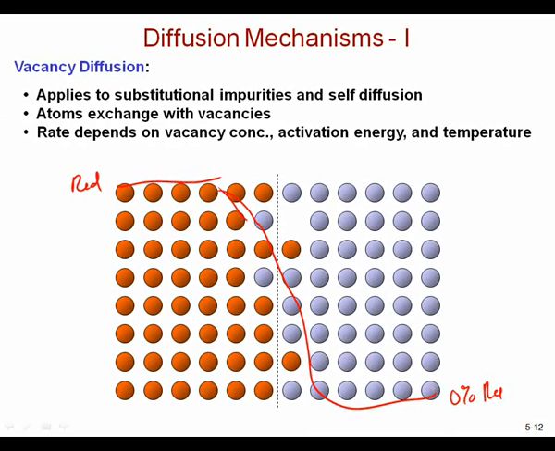We're breaking and reforming bonds. So we're constantly jumping over this energy hill. So there's an activation energy associated with diffusion, just like there is with vacancies. So for vacancy diffusion, you can think of it as a double whammy. If the temperature is higher, we've got more vacancies, more spots for the atoms to move into, and we've got more energy in the system to jump over this activation energy barrier.